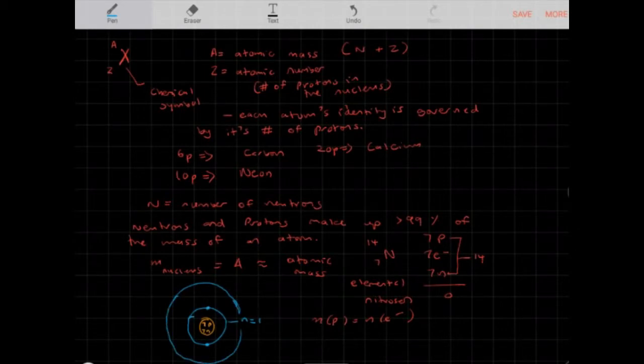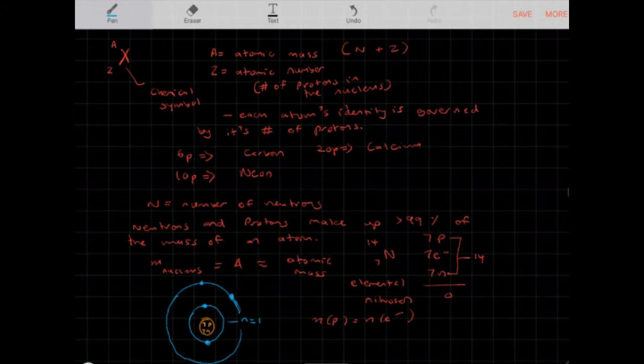Okay. Usually what they'll say when you're drawing this is electrons are usually grouped in sets of 2, and each set of 2 is called an orbital. We'll talk about this more when we look at the quantum mechanical model. So you could group the electrons like that as well, but for the time being, I'm just going to represent them separately, right?